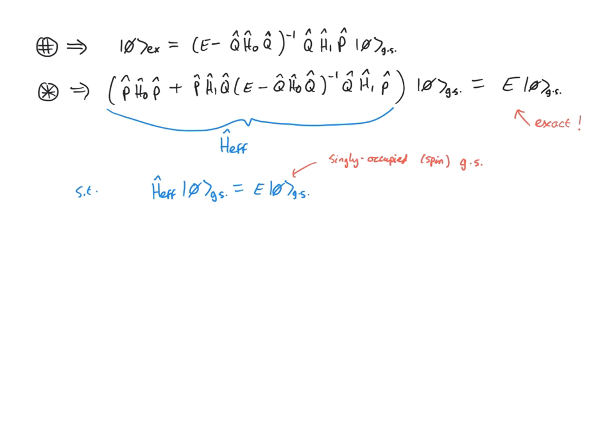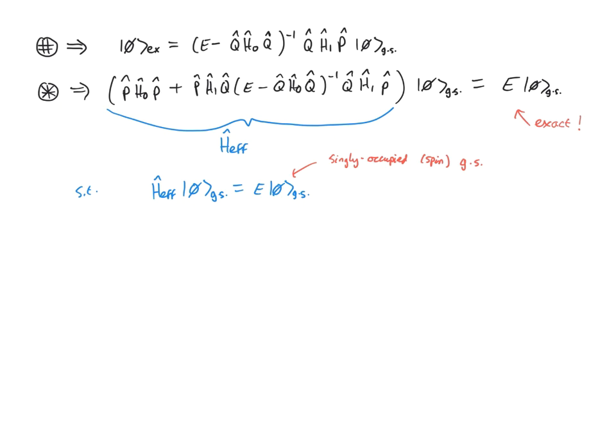However, what we can do is now organise this information in a power series involving H1. So this expression that I've written down here is exact, it's formally exact. What I can do, though, is expand this expression, this Schrödinger equation now, in powers of H1. And I can organise the information in that way sensibly if T over U is a small parameter.